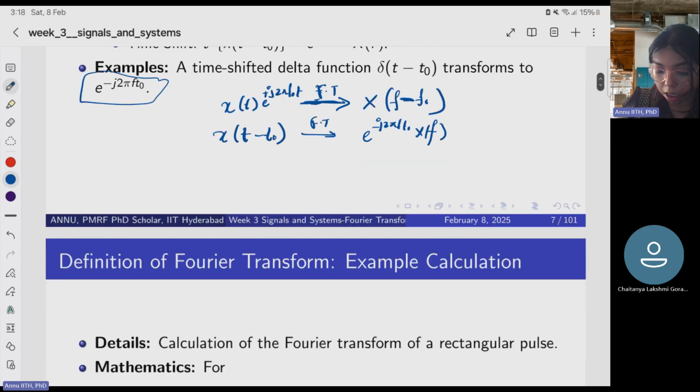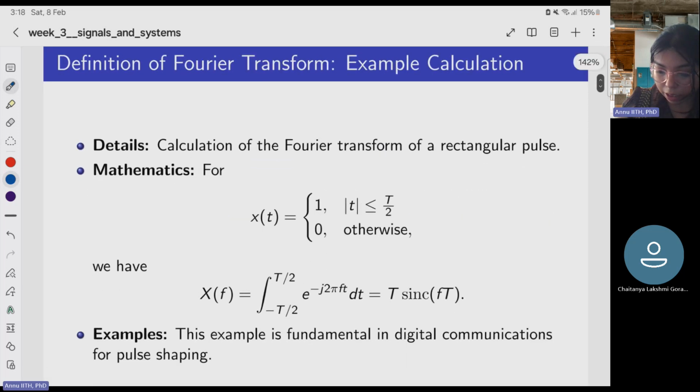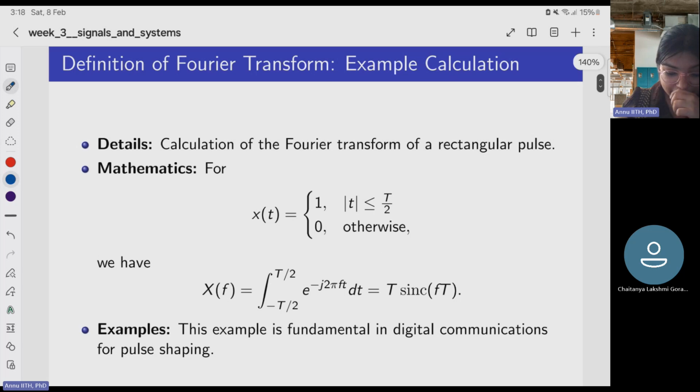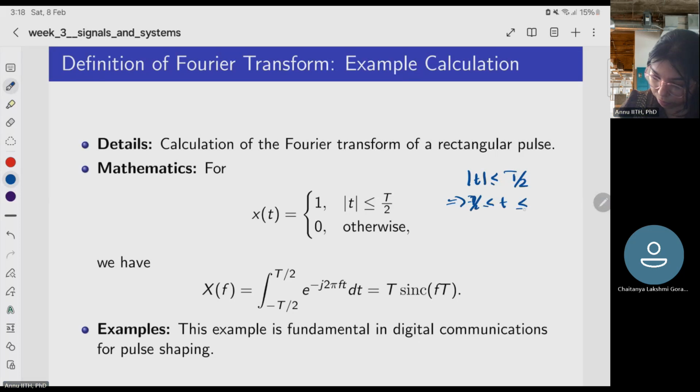Okay, now let us solve some of the basic calculations of Fourier transform. One of the basic Fourier transform calculations is for the rectangular pulse. So the rectangular pulse can be represented as x(t). What do you mean by mod of t less than or equal to T by 2? This means that t goes from minus T by 2 to T by 2.